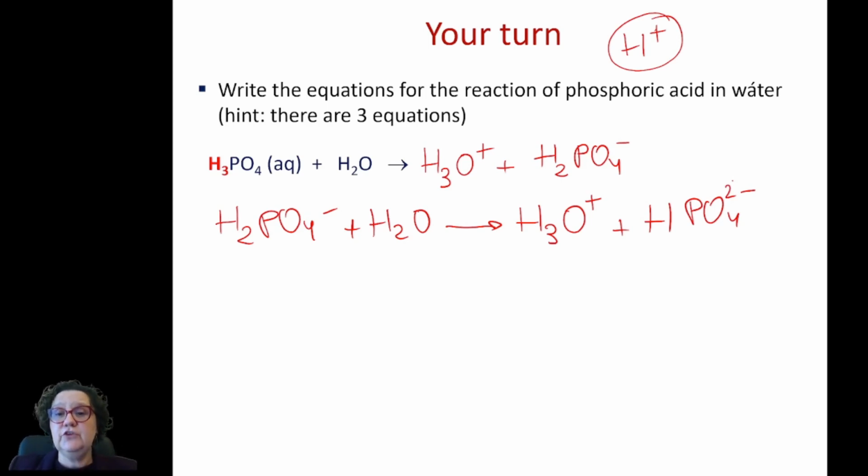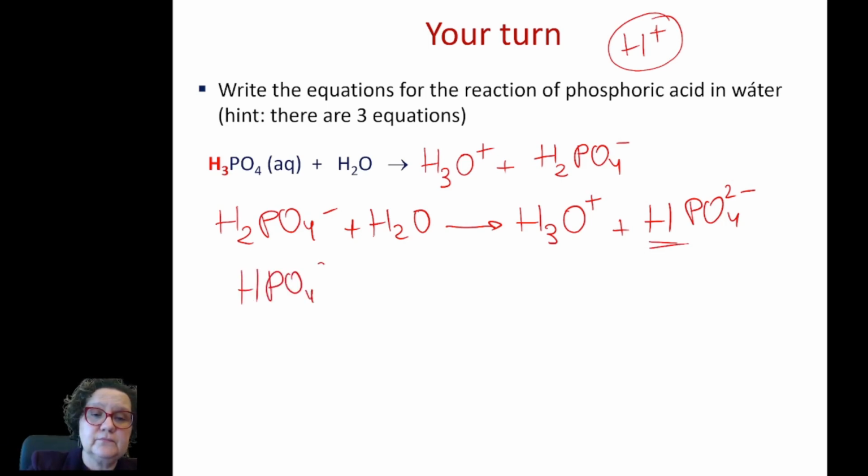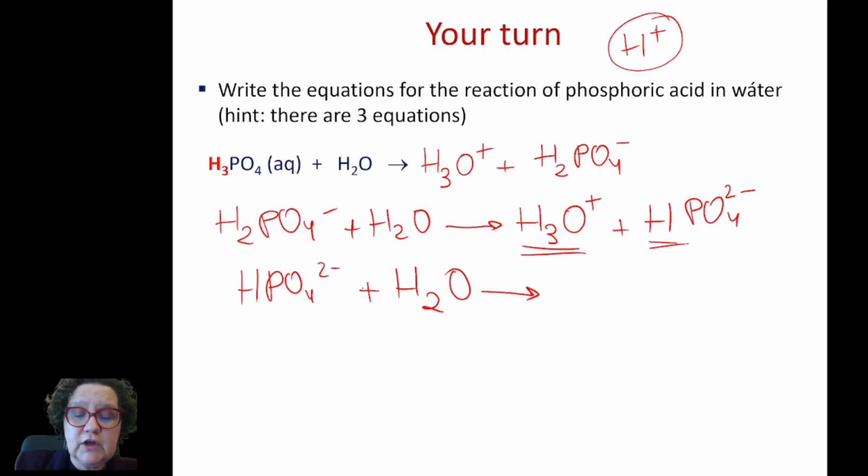And the reaction can continue because you still have hydrogens in your structure, so you can still create another reaction. So the anion hydrogen phosphate reacts with another molecule of water, a different one. It's always a different molecule of water because when it has reacted to form H3O plus, that's the end of the journey for that molecule.